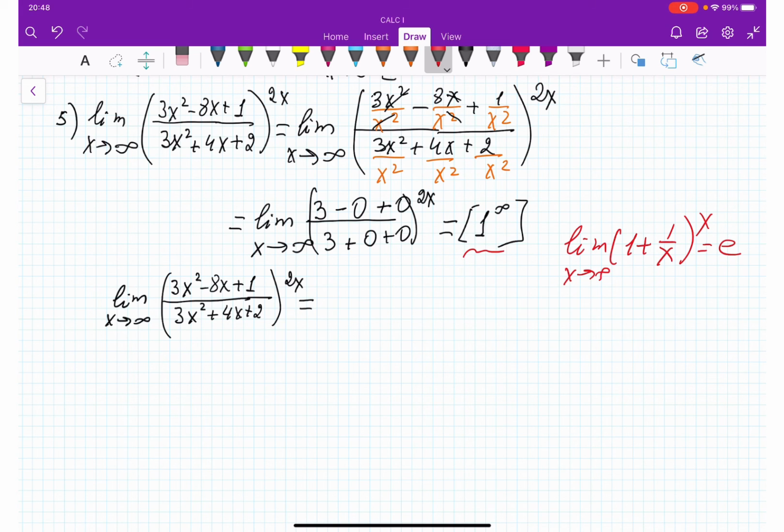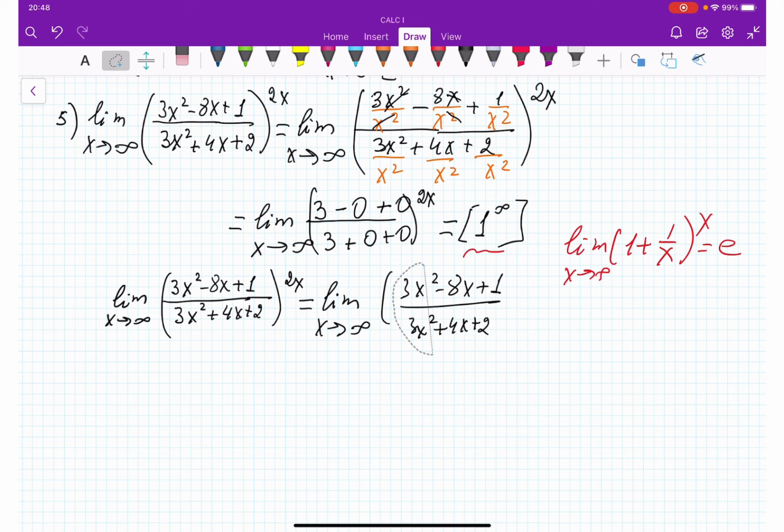Okay, so this is going to be equal to limit as x approaches infinity, (3x squared minus 8x plus 1) over (3x squared plus 4x plus 2).